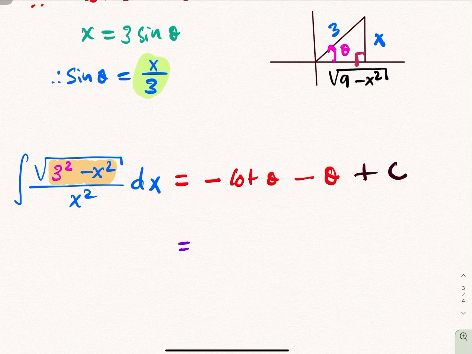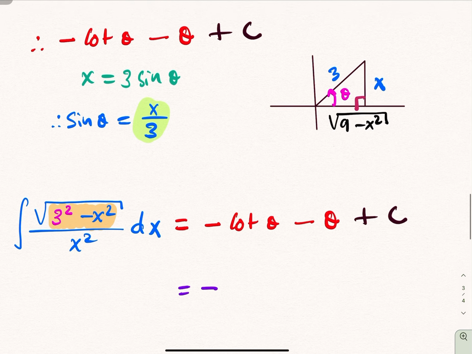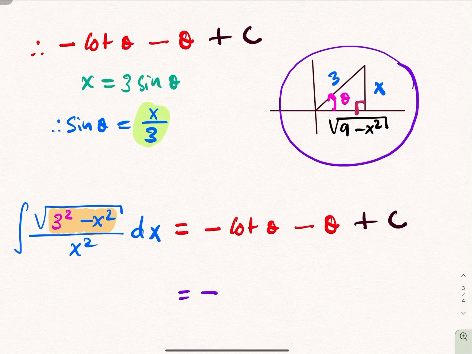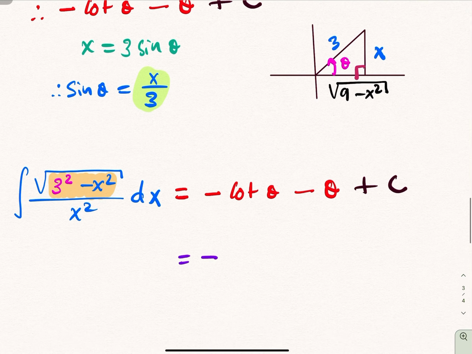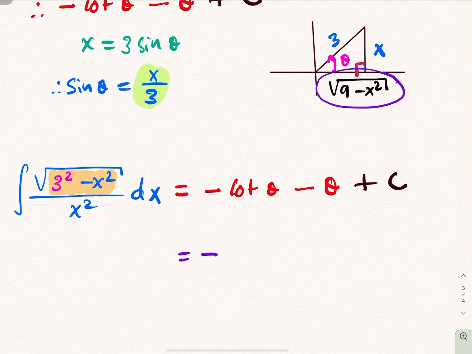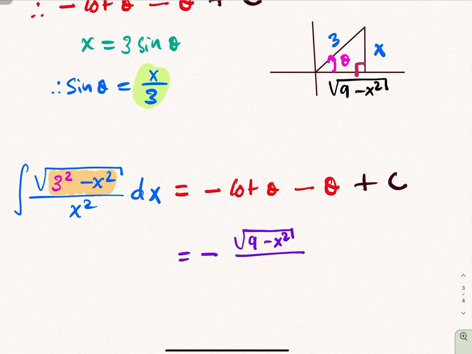So you're going to get a negative situation. Cot, you look at your diagram, is the adjacent over opposite. What is the adjacent? It's the one that you found with Pythagoras theorem. So you're going to get the square root of 9 minus x squared divided by x. So this is the trig ratio of cot. You now say minus theta.